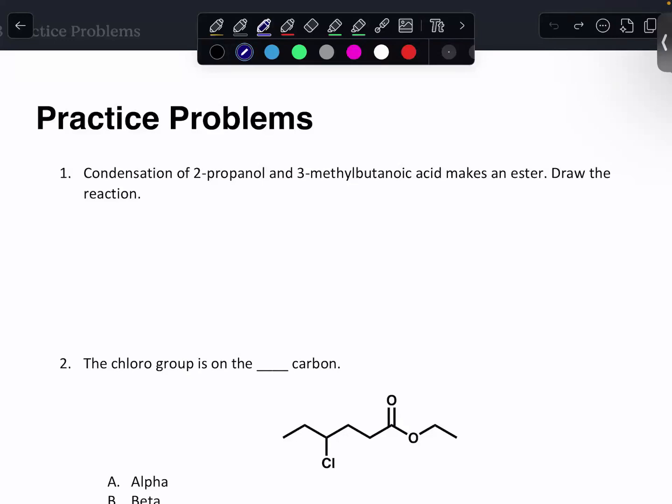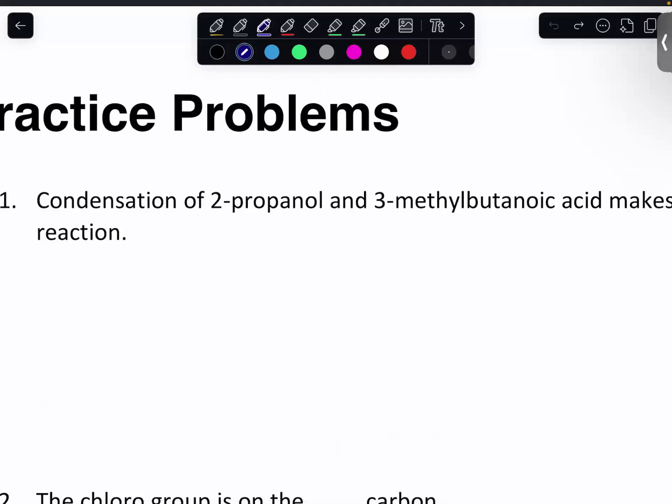The first thing we'll do is break up our name into all of the important information we can pull from it. So 2-propanol. What does prop tell us? 3 carbons. What does AN tell us?